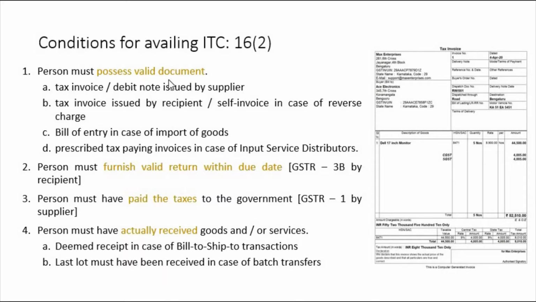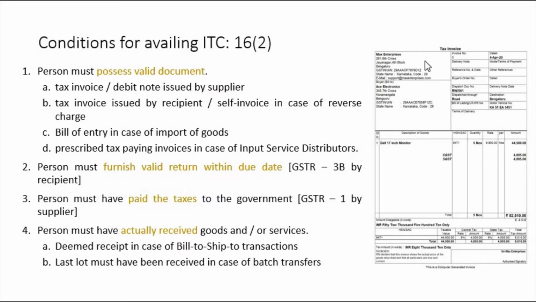Must possess valid document. Now the person who is claiming ITC must have valid document, like tax invoice or debit note in case of forward charge. Tax invoice, as you know, looks like this, and this is the standard tax invoice which has almost every detail.